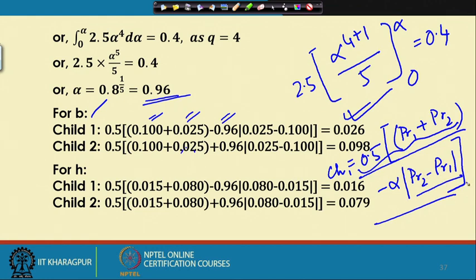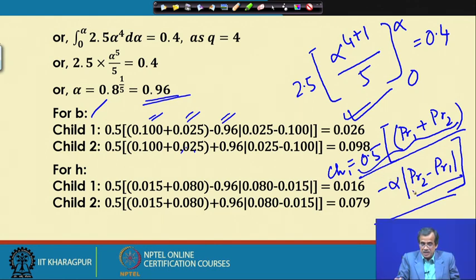Consider the mod value so that this becomes a positive quantity, multiply by alpha, the spread factor, multiply by 0.5, that is 50% of that, and that 50% you subtract here and you add here. So, you subtract to get child 1 and you add to get child 2, that is all.